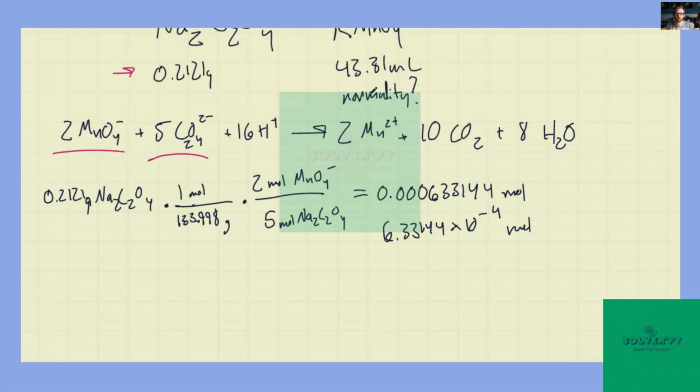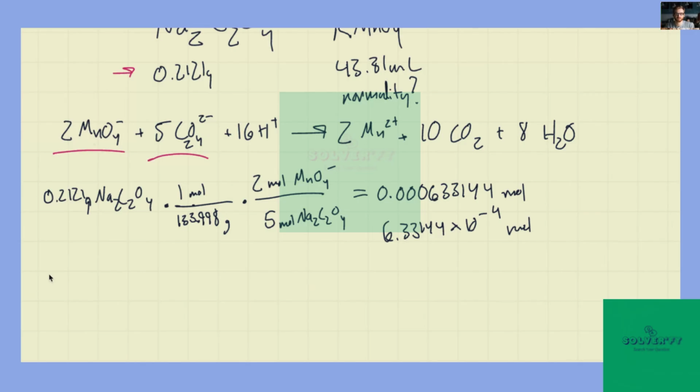Okay, so we now know how many moles of potassium permanganate we had, or manganate ion, but there's a 1-to-1 relationship between manganate and potassium permanganate, so we can simply divide by the volume of potassium permanganate. Now, one thing is that we've been given this volume in milliliters, right, but normality or molarity is going to be per liter. So we'll set this up as follows.